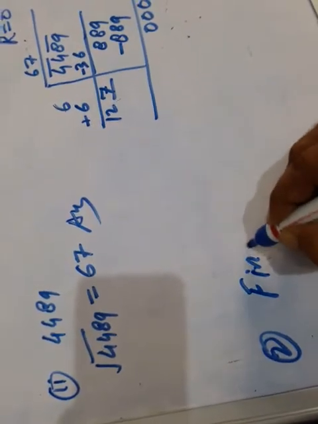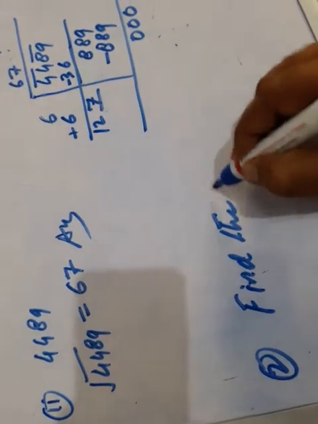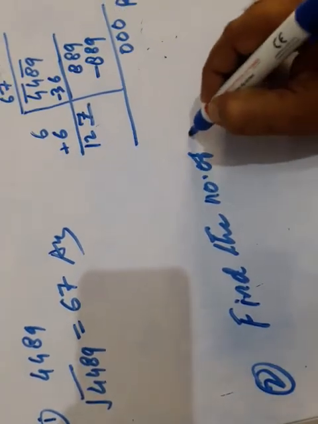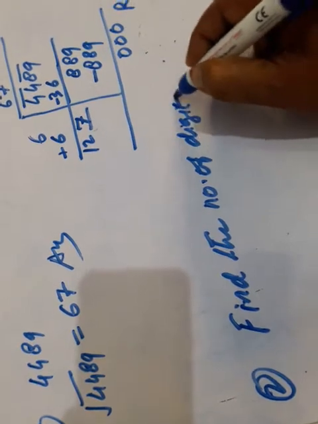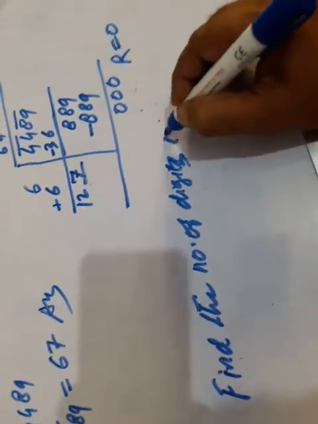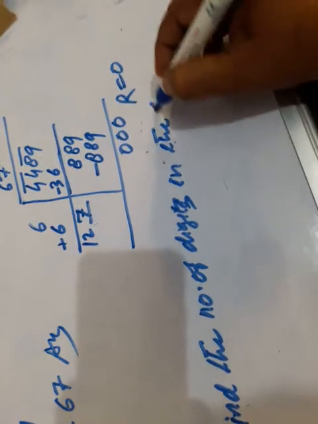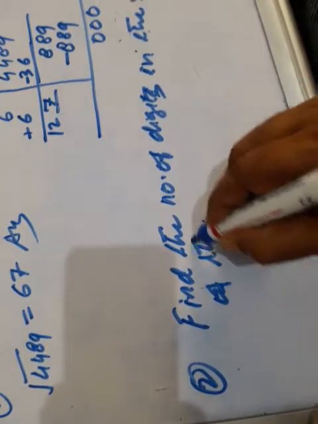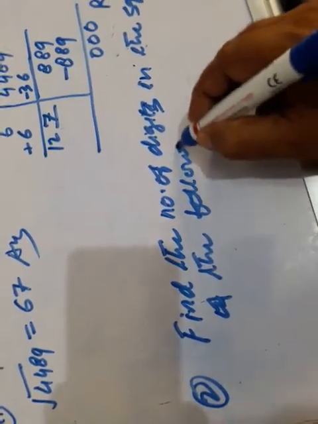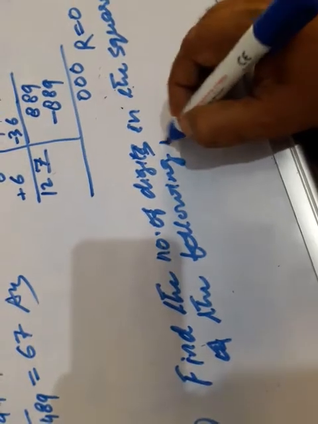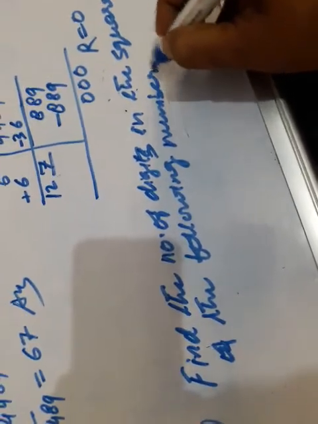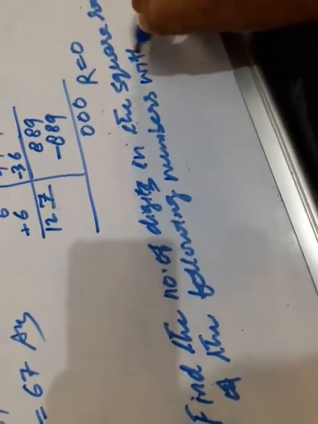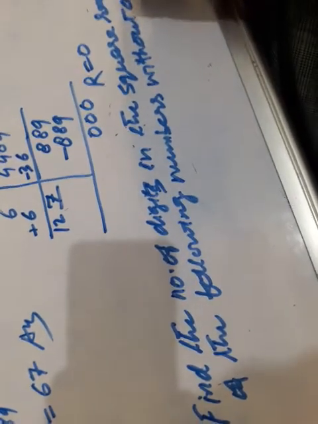Find the number of digits in the square root of the following numbers without any calculation.